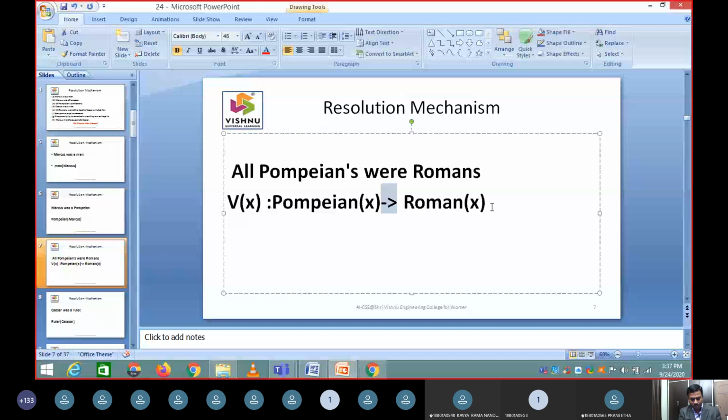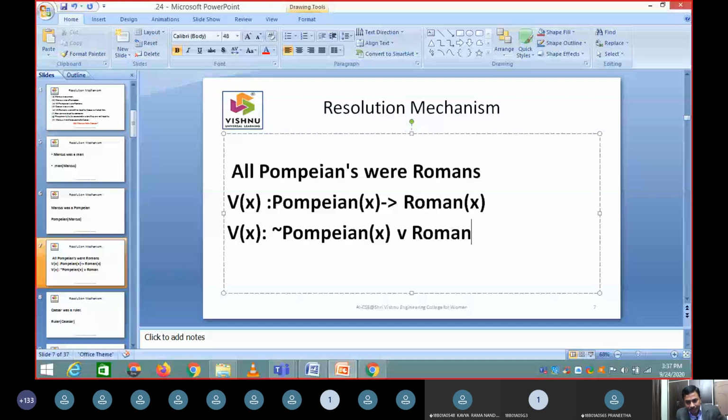So what can I write? For all x, you can write it as negation of Pompeian of x, or, I said v means OR, I'm just writing it as OR, x.